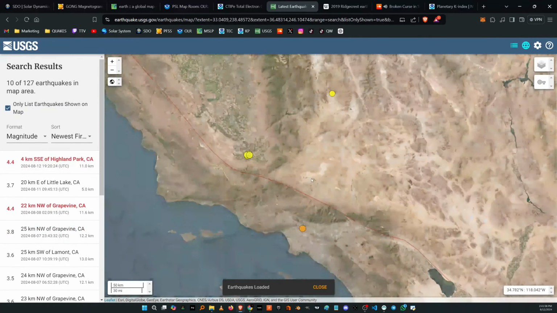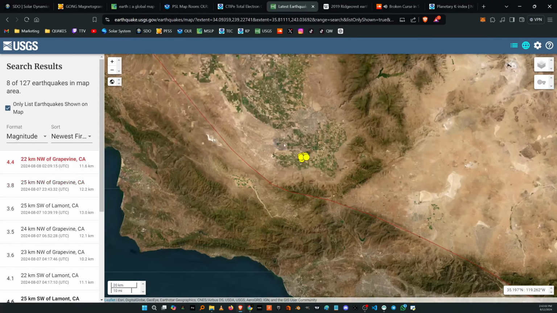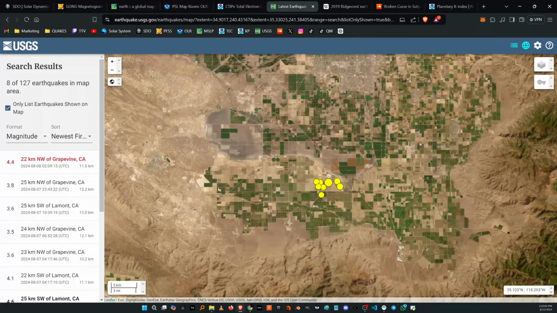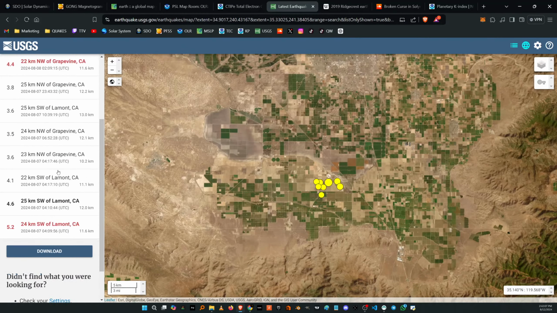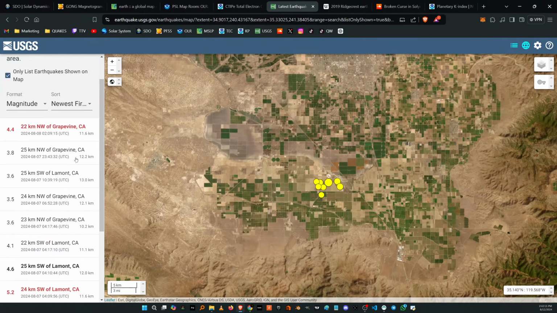So are we seeing the same type of clustering? Not exactly. In the past 5 days, in this area of Bakersfield right here, we've seen a lot more activity. Now, this isn't 43 earthquakes. It's 10. It's still definitely significant and something I would keep an eye on.